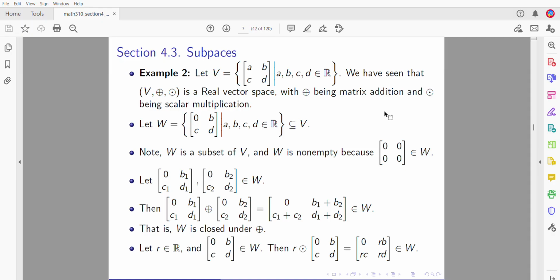Now suppose you take any real number R and a matrix in W, that is, the top left entry being 0. A scalar multiple continues to give you top left entry 0. That is, W is closed under ⊙ and therefore it is a subspace of V. So here you have a concrete subspace of V.